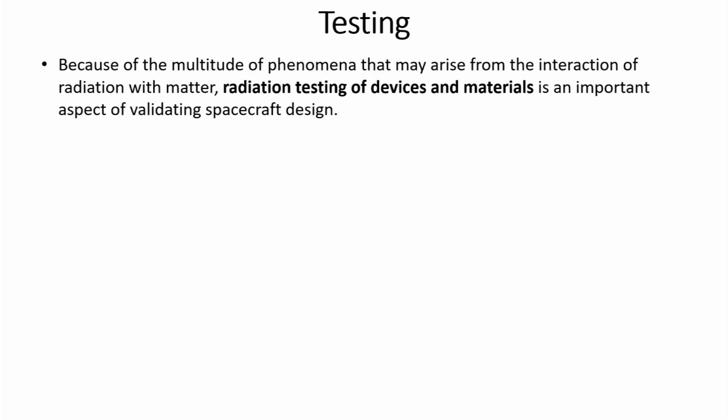So, in order to increase the reliability, you also need to do testing, because of the multitude of phenomena that may arise from the interaction of radiation with matter. That is why radiation testing of the devices as well as the materials is a very important aspect of validating a spacecraft design.